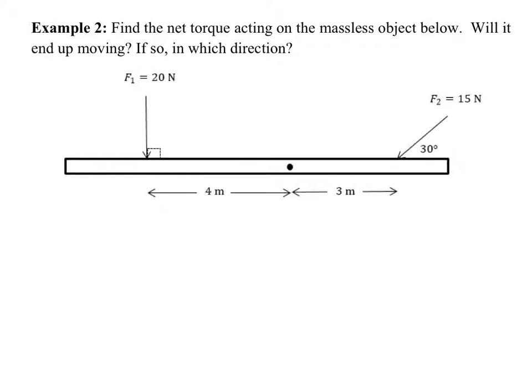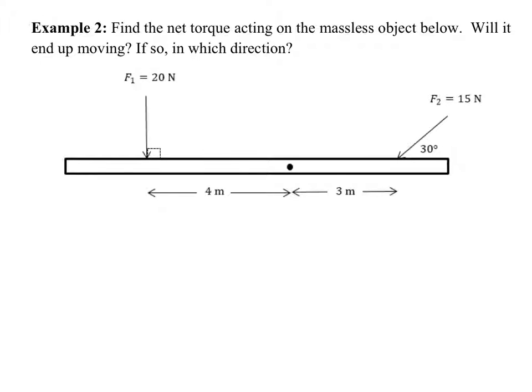If something causes the object to rotate this way, we consider it positive torque. You can consider either direction, as long as you're consistent in your problem. But we consider it negative torque if it causes rotation clockwise. If it causes rotation counterclockwise, we consider it positive torque.